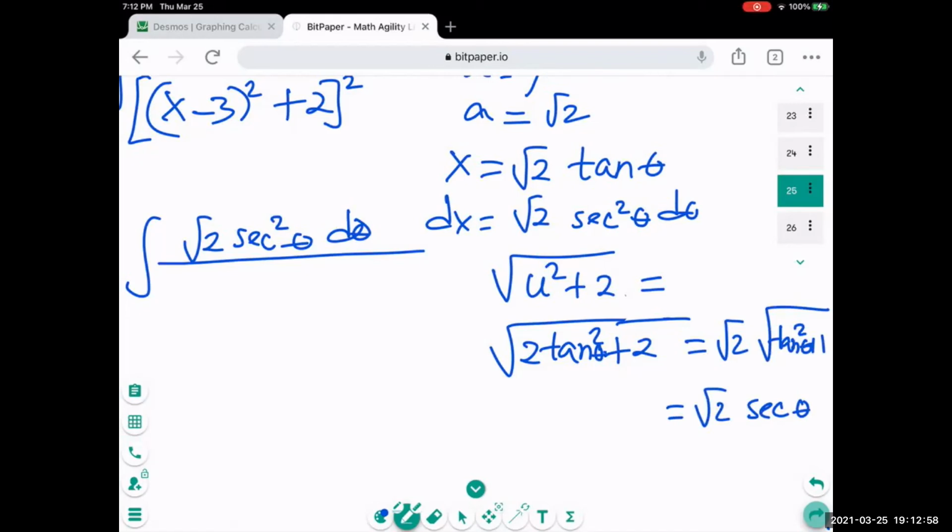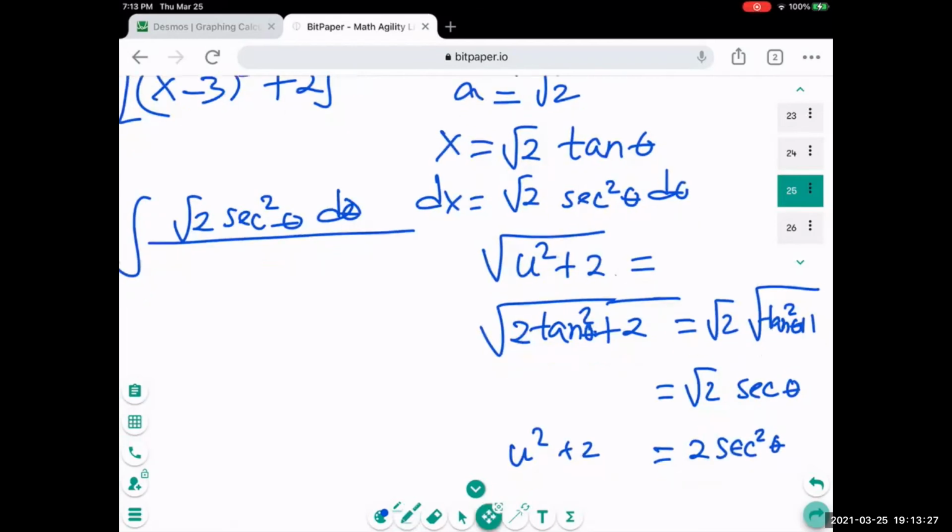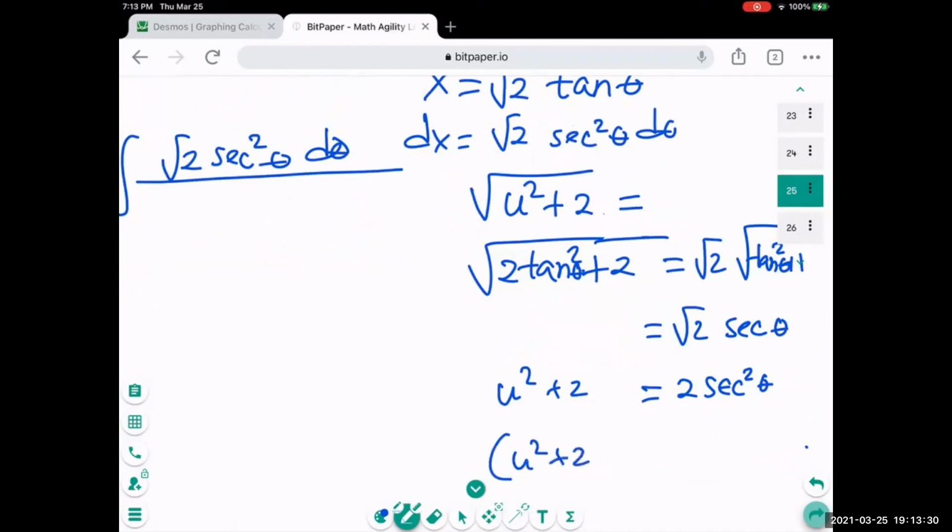So since we're using square root for this, this means it is secant squared, right? So u squared plus 2 alone would be 2 secant squared theta. And since the denominator has a square, u squared plus 2 squared would mean this is 4 secant to the fourth theta, right?